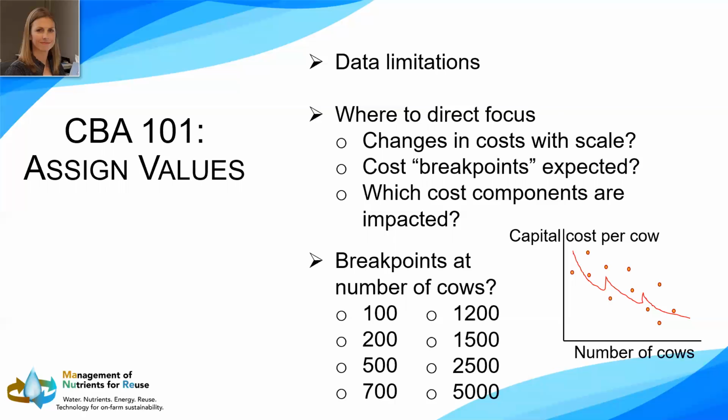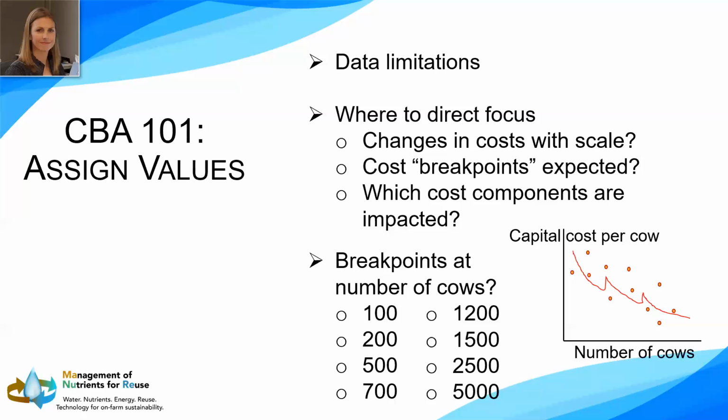And then one other question I have is, if there are breakpoints, do they really matter based on the variability in cost due to other driving factors? So even if we know that costs will increase for a separator from, say, 400 to 500 animals, will that cost be visible when considering differences in other factors?